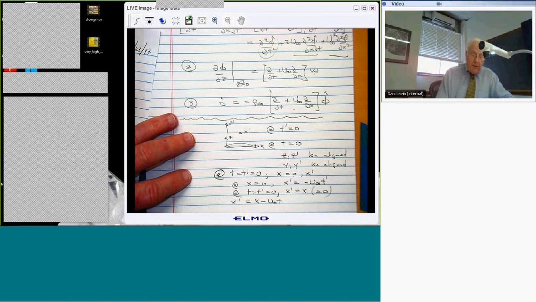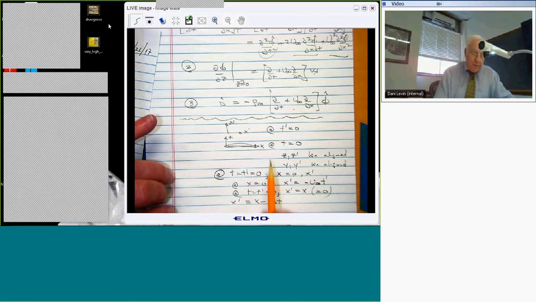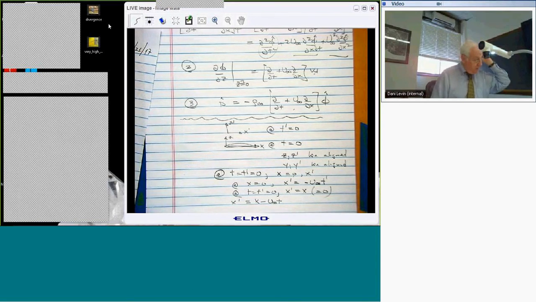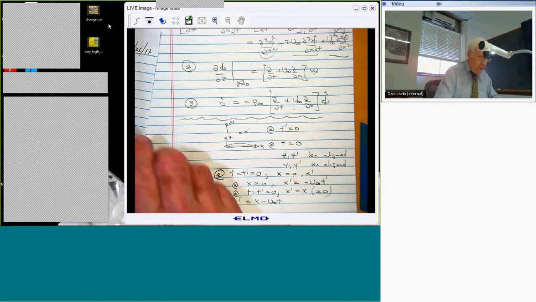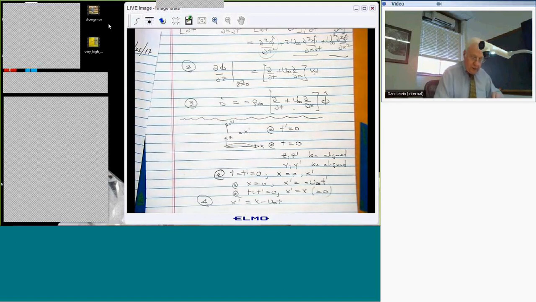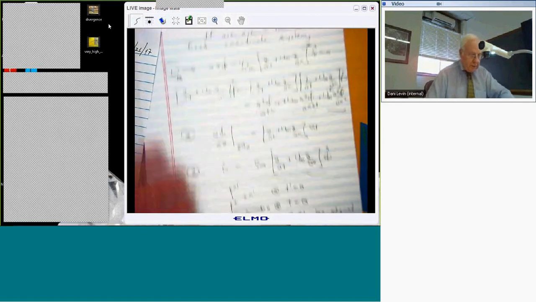This is a key equation. It tells me how X prime and X are related, and that's what I need to convert the fluid fixed coordinate system equation into the body fixed one. So let's do that. Let me write this down again.